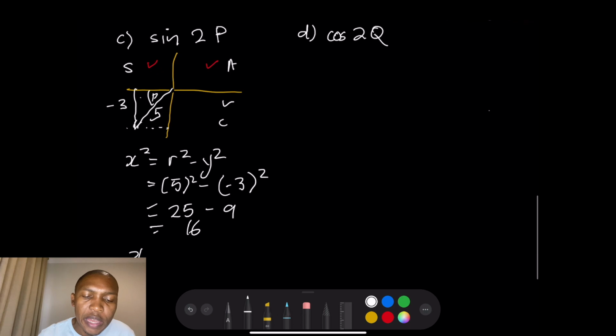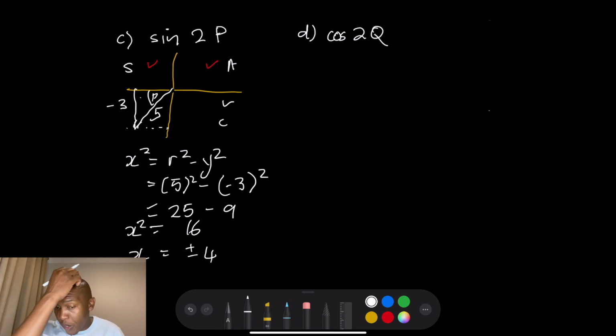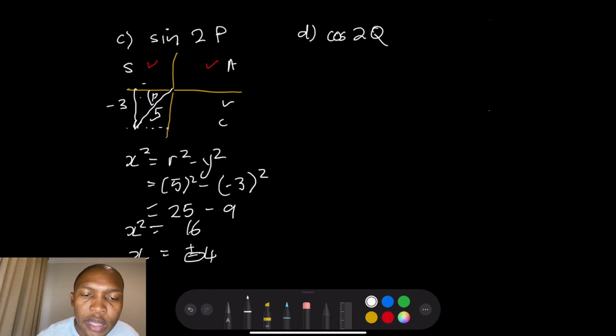And x is equal to plus or minus 4 when we take the square root. What we're now going to say is, well, x is on the negative side, so in this case we're going to choose the negative value. So our x value would be -4.